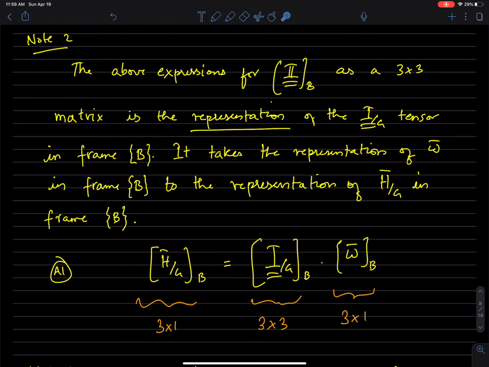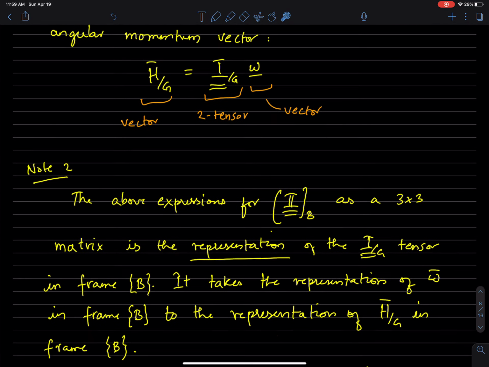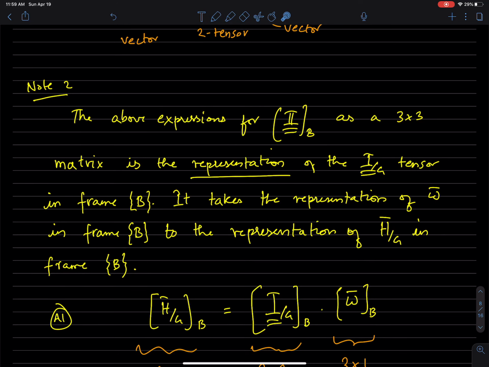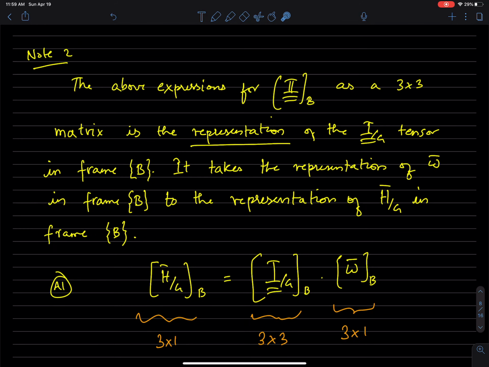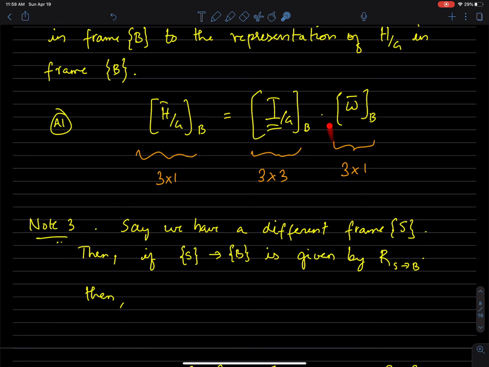Of course, like I just said, the above expressions that we wrote down, these integrals, are the representation of the Ig tensor in frame B. And that tensor, that 3 by 3 matrix, takes a representation of omega in frame B and gives the representation of Hg in frame B, right? So this is what it does. This is a 3 by 1 matrix, 3 by 3 matrix, 3 by 1 matrix. Eventually, we'll just be dealing with representations, so that's fine. This is pretty much all we need to think about.